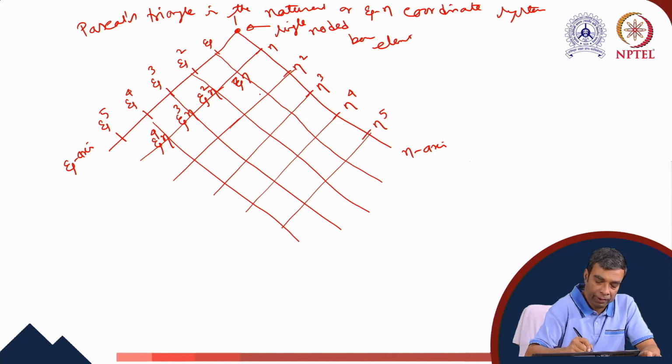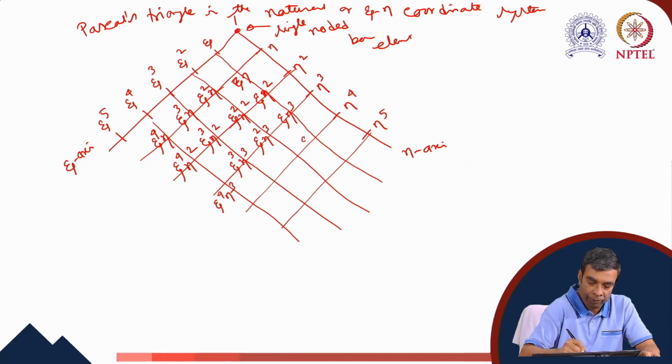Here xi is constant, so this is xi, and eta is eta square, so this is eta square. So this is xi square eta square. This is xi cube eta square. This is xi to the power 4 eta square. When we come to the next row, this becomes xi eta cube, xi square eta cube, xi cube eta cube, xi to the power 4 eta cube.